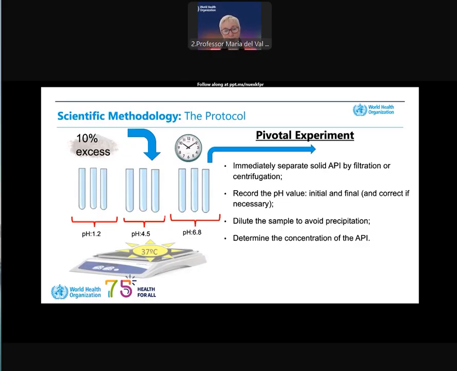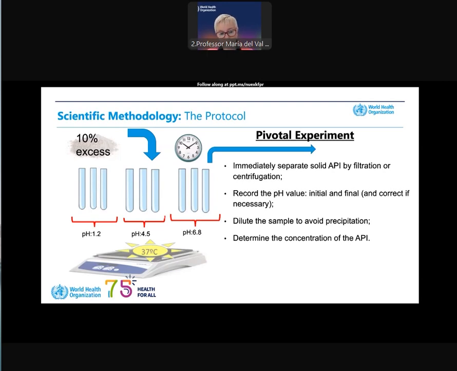In the second phase, when we already know the time to equilibrium, we perform the pivotal, the definitive experiments at the 3 pHs, and we already know when to take the sample.